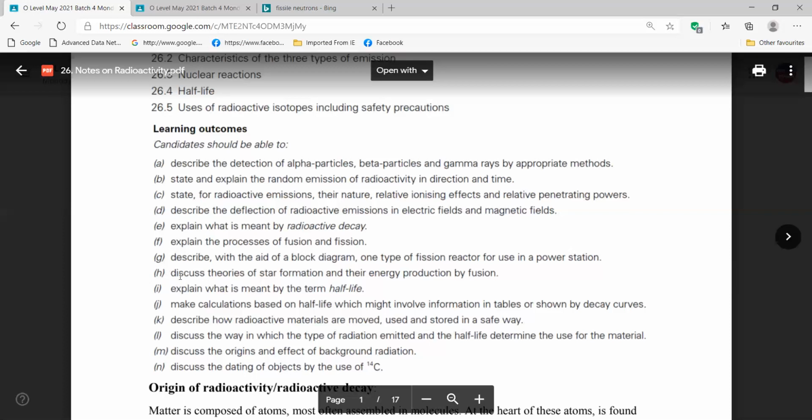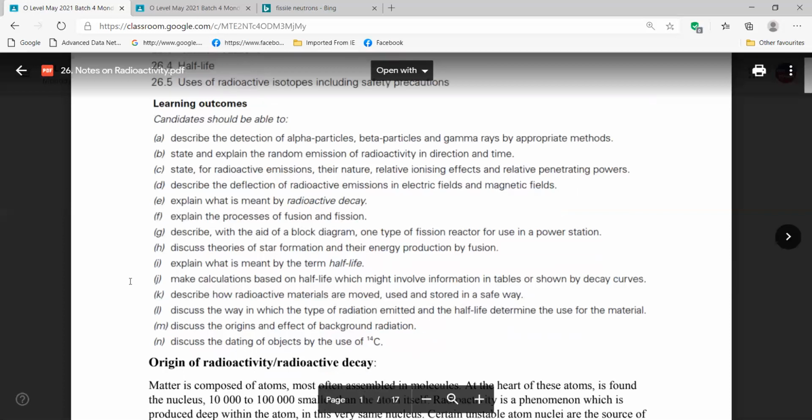Okay. So can you read H again? Yes, sir. Discuss theories of star formation and their energy production by fusion. Okay, that one we are going to do now.